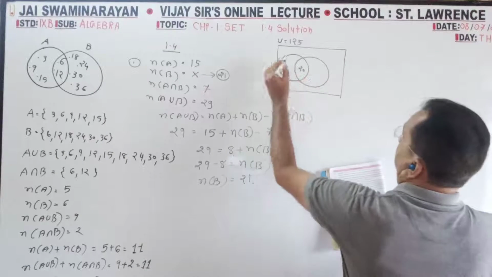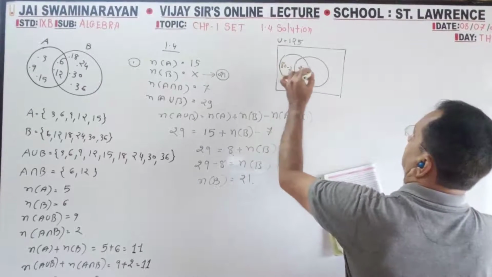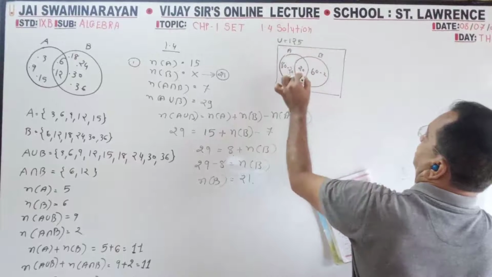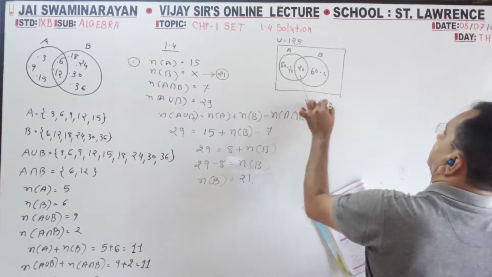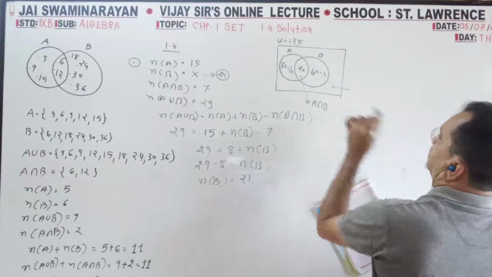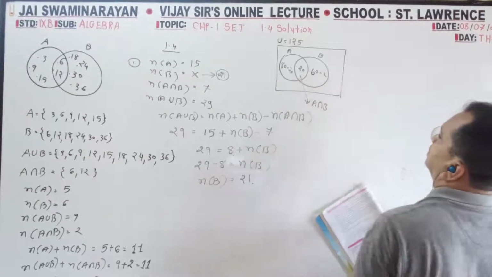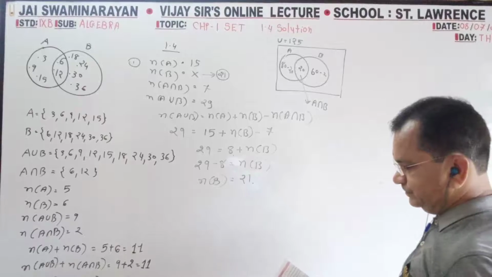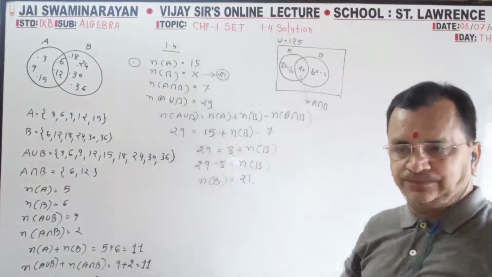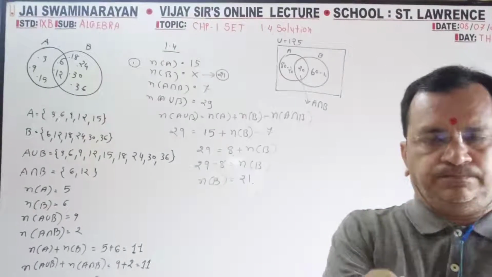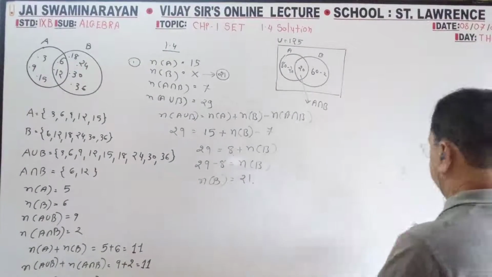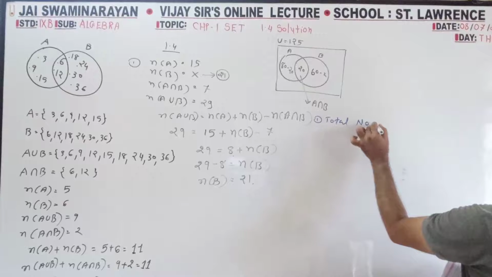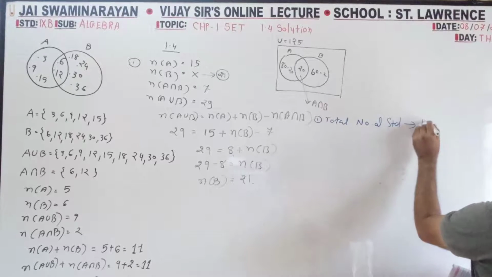80 minus 20. This is 60 minus 20. This is A, this is B, and this is A intersection B. So first, total number of students is 125.